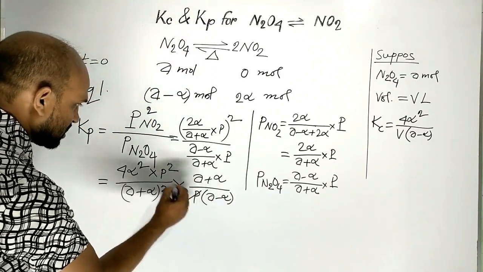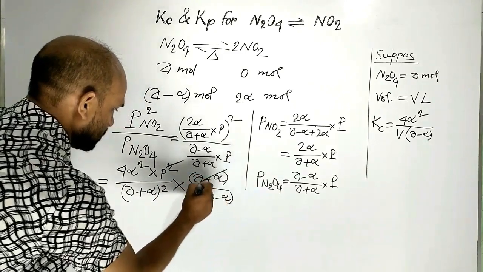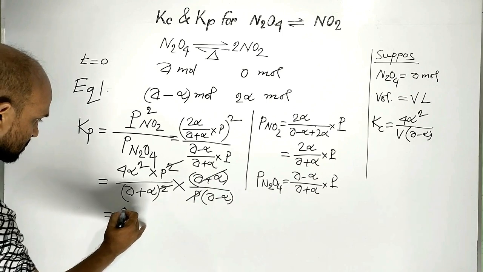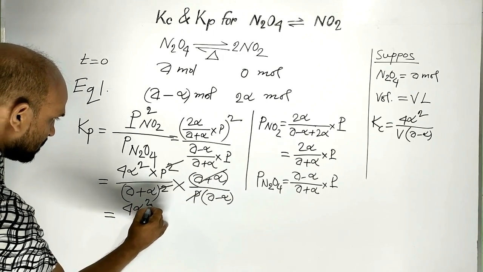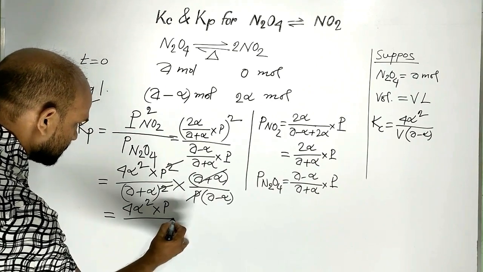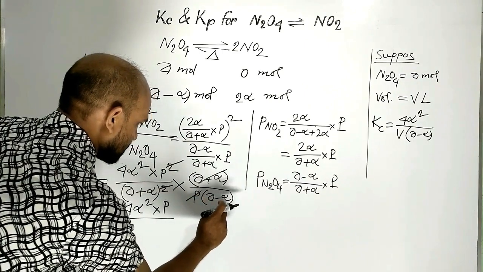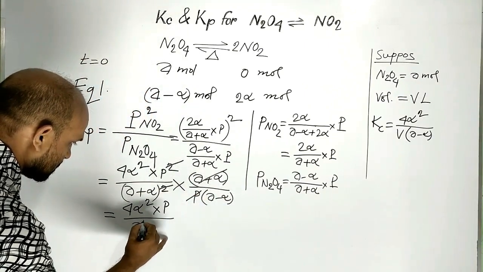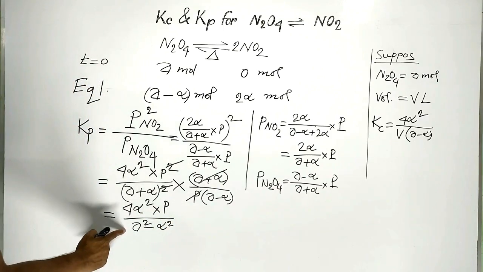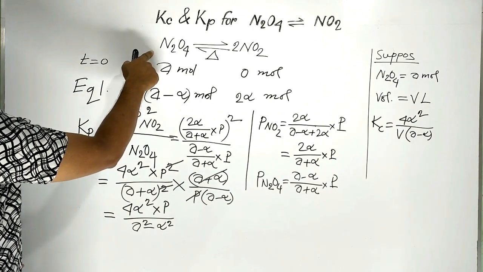This P will cut this square, then this one will cut this square. After that we can write 4 alpha square into total pressure divided by A plus alpha into A minus alpha, that is A square minus alpha square. This is Kp for this reaction.